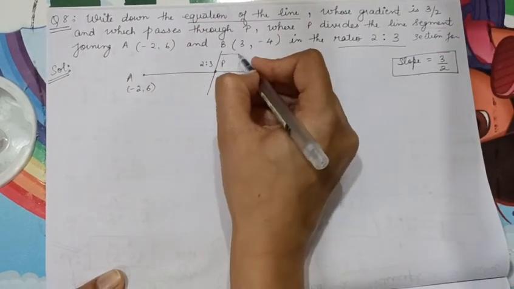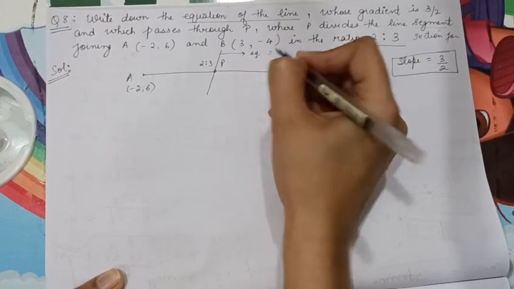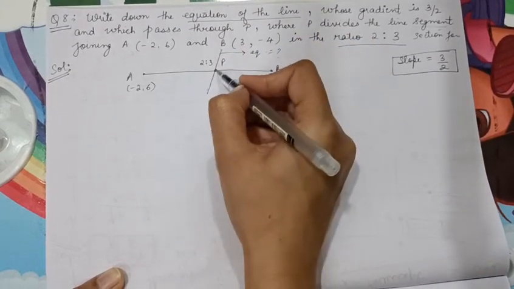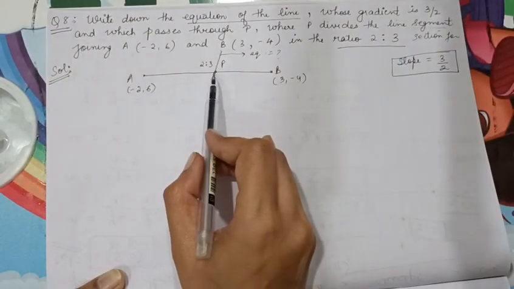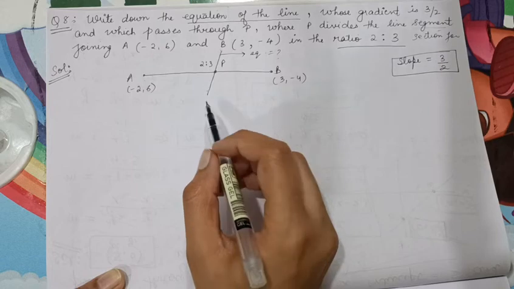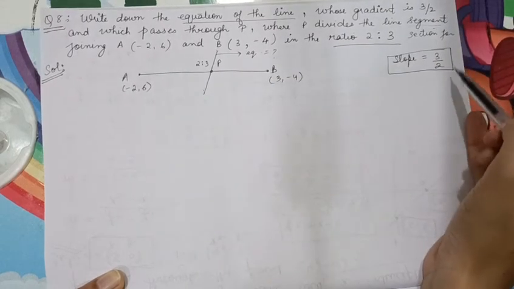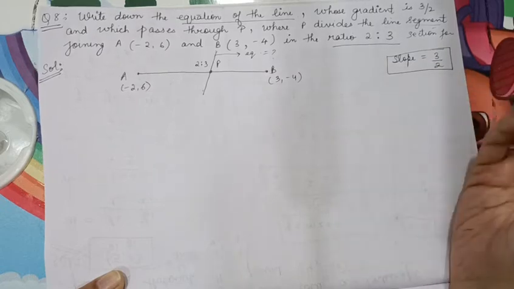Suppose this is some line whose equation we have to find, and it passes through point P. To find the equation of a line, first of all we should know the slope, which is already given as 3 by 2, or maybe we should know the intercepts.